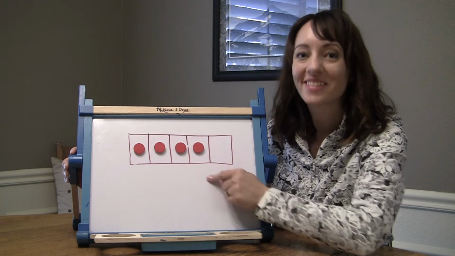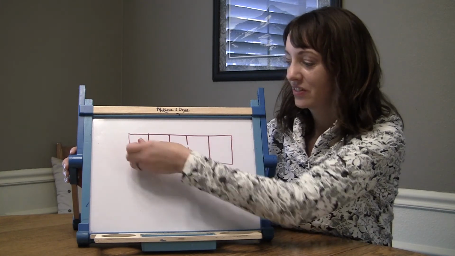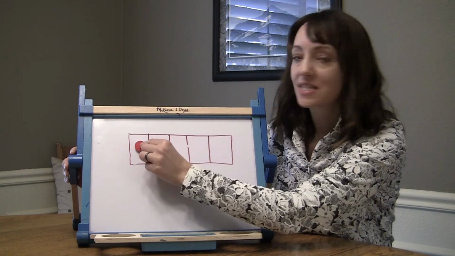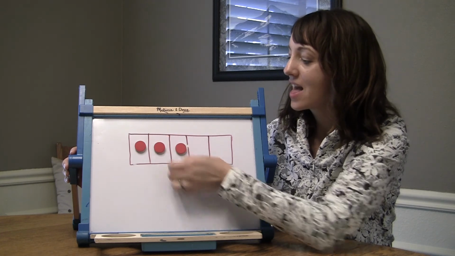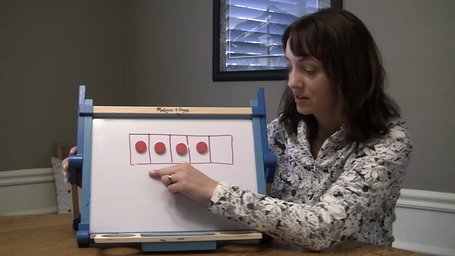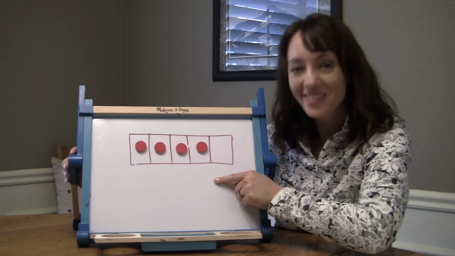The word is stem. Now it's your turn. Listen carefully. S, l, e, d. Blend them together. The word is sled. Very good.